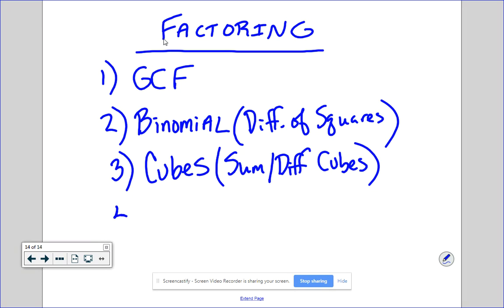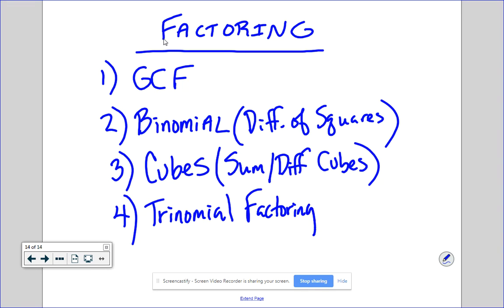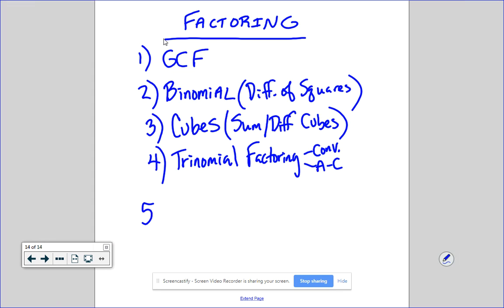The fourth, and this is the one we'll spend the most time on, is trinomial factoring, where we'll talk through conventional method as well as AC method, which I think I showed you when we were going through the pretest, but we'll go through that again. And then the last way, factor by group. So there are 5 different ways to factor.